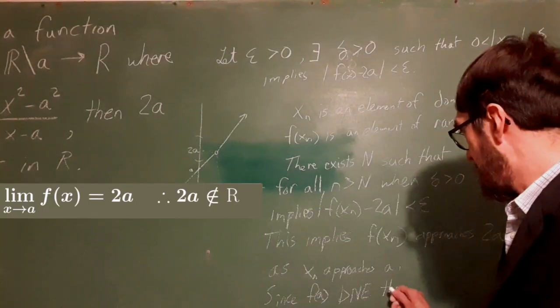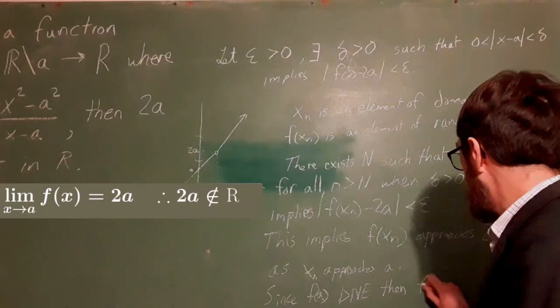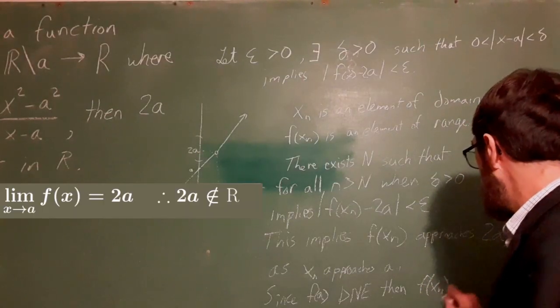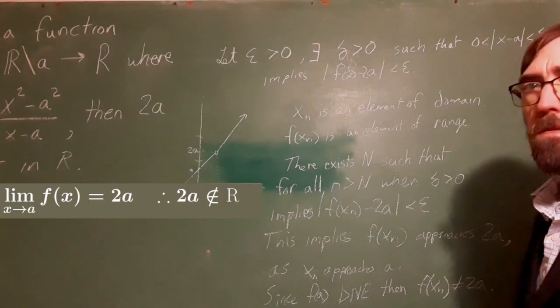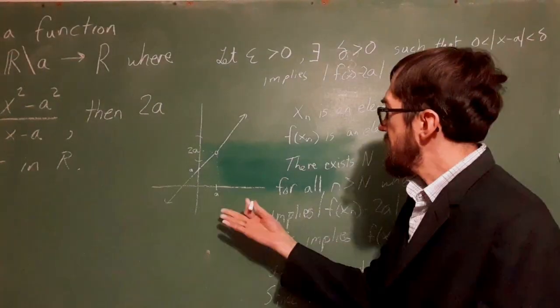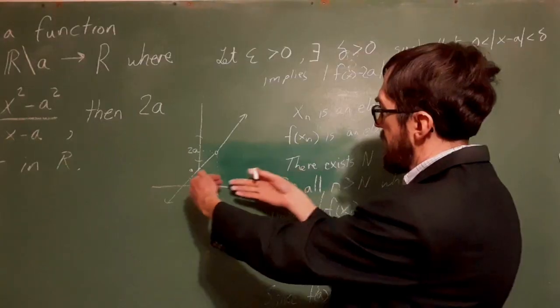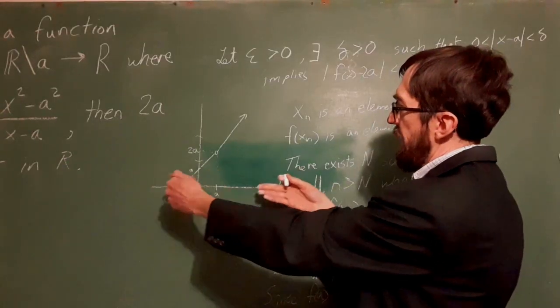Since f of a does not exist, then f of x sub n never equals 2a. As I approach here, I never reach a.